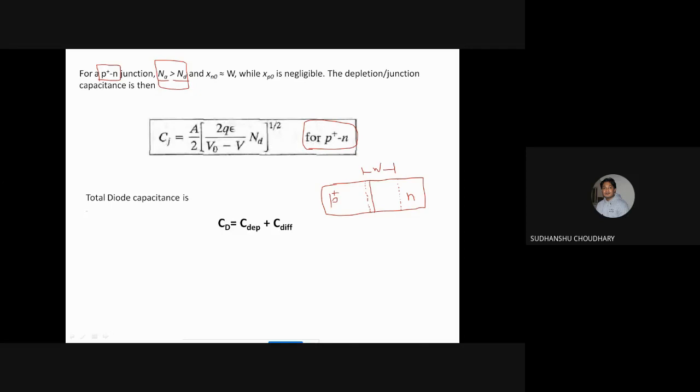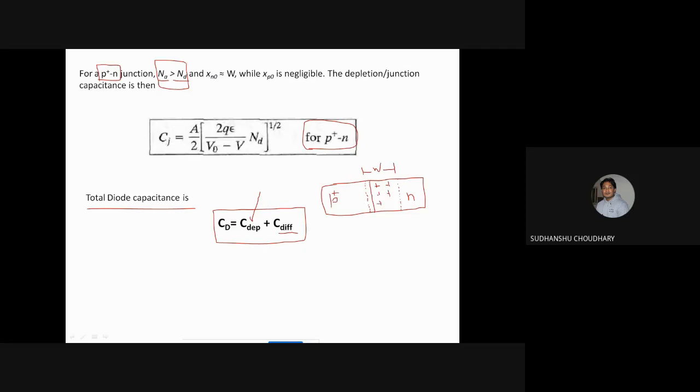Now the total diode capacitance is equal to the sum of the depletion capacitance, that is, the junction capacitance which is appearing here, plus the diffusion capacitance, right? Diffusion capacitance we haven't talked about. So far we have only discussed the depletion capacitance or junction capacitance, which is because of the depletion charges present at the junction.